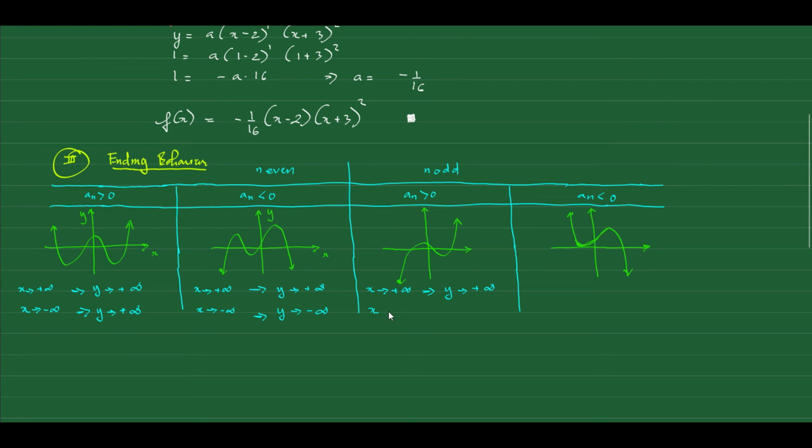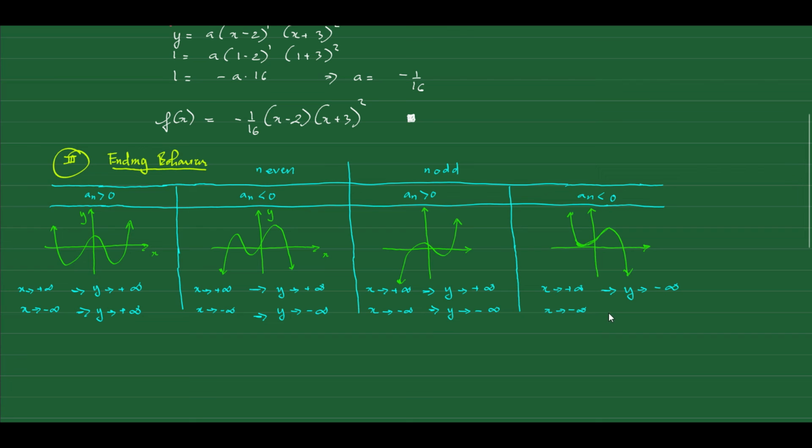When x approaches negative infinity, the function goes down, so y approaches negative infinity. Same thing over here: when x approaches positive infinity, the function goes down. When x approaches negative infinity, the function goes up.